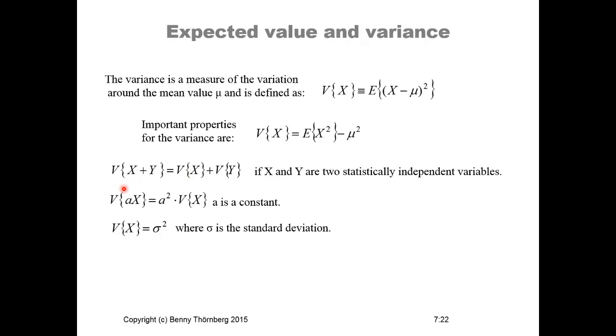The variance of a constant a times x is equal to the square of that constant times the variance of x, where a is a constant. And then the variance of x is equal to sigma squared, where sigma is the standard deviation of the variable x.